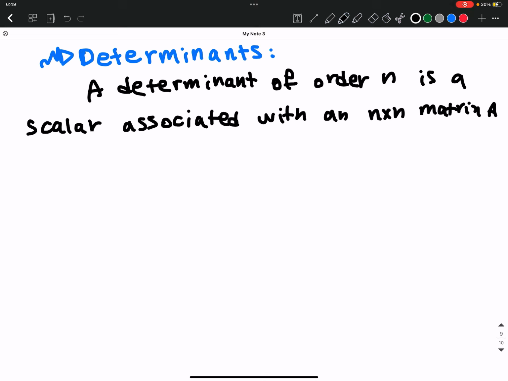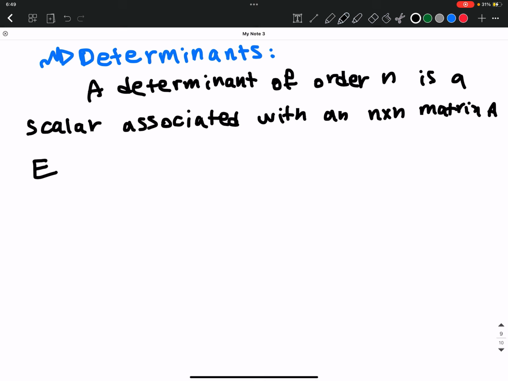Okay? So it's a scalar associated with that, and how we calculate it has some definitions, but I assume most of you know how to do it. So I'm just doing it for a 3 by 3 matrix as an example. This just refreshes your minds from your undergraduate studies.